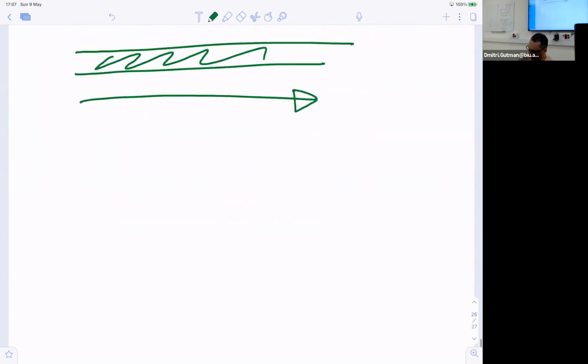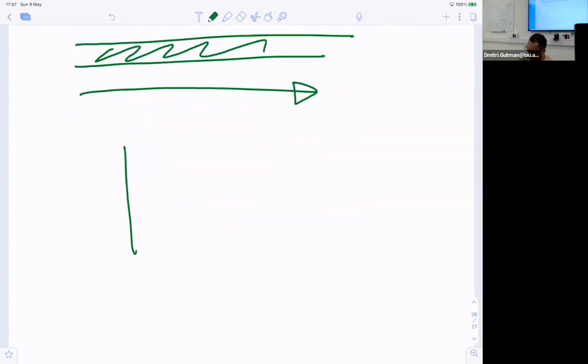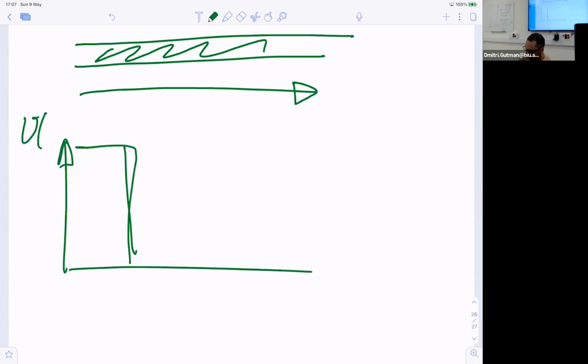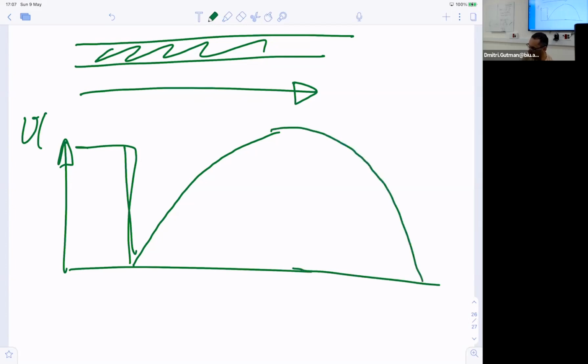If you have a wall and you draw a velocity profile as a function of coordinate, then at the wall the velocity will vanish. If you have a pipe, then the typical flow in the pipe looks like this. It's a maximum velocity far from the wall, and there is zero velocity at the wall.